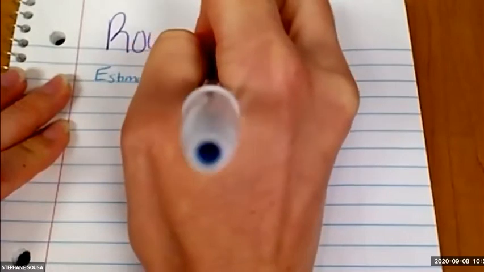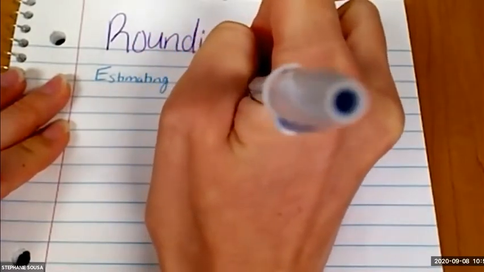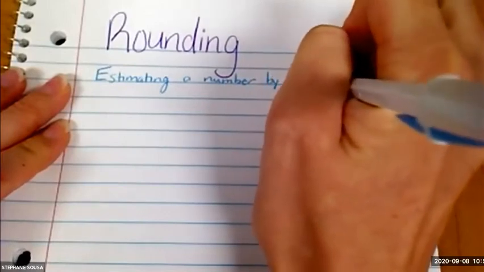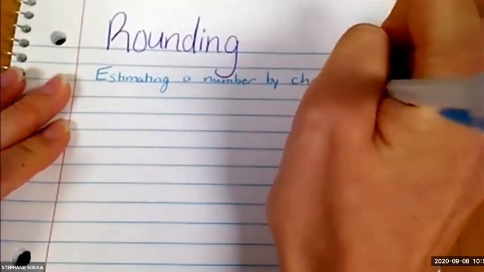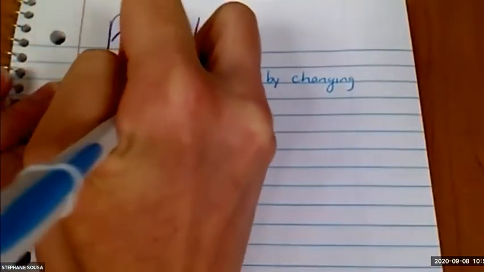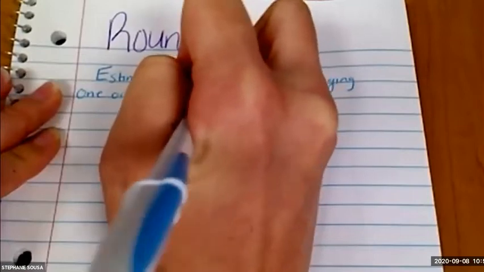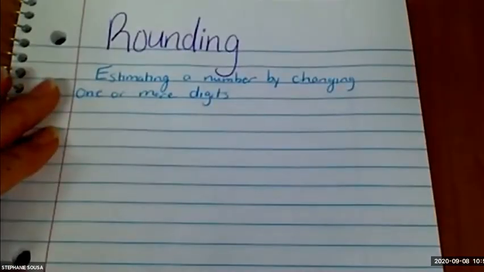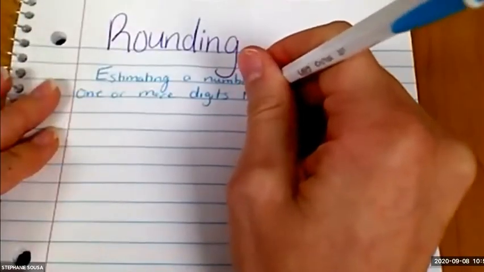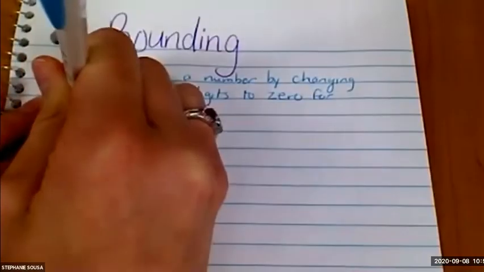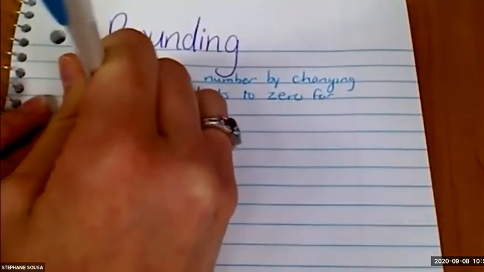Estimating a number by changing one or more digits, and there's a vocab word that we've learned before too, one or more digits to 0 for easier calculations. And that's long, so I will give you some time to write that down.